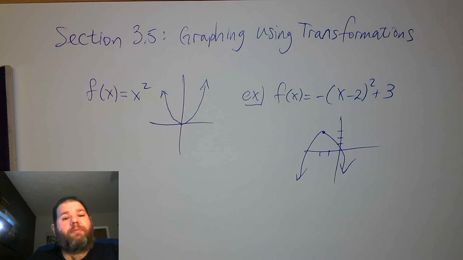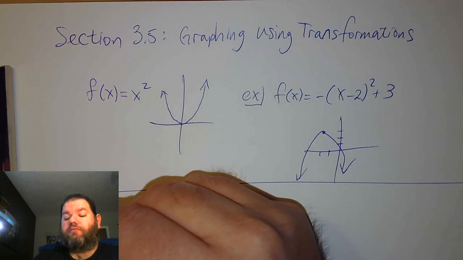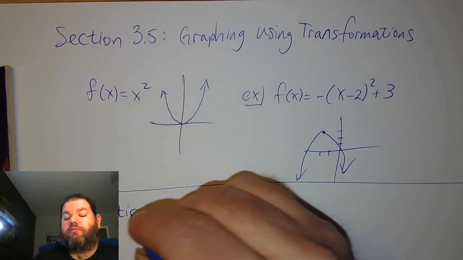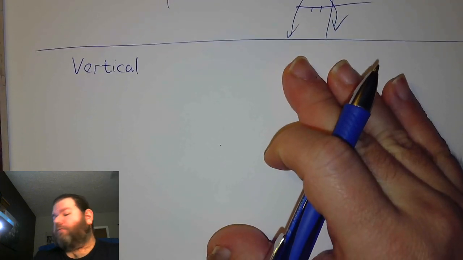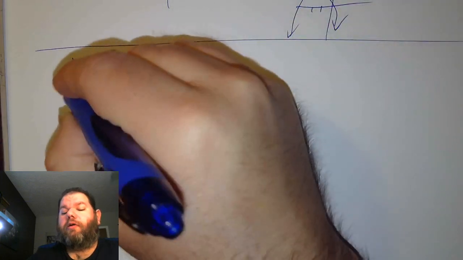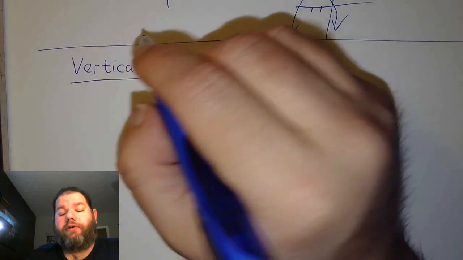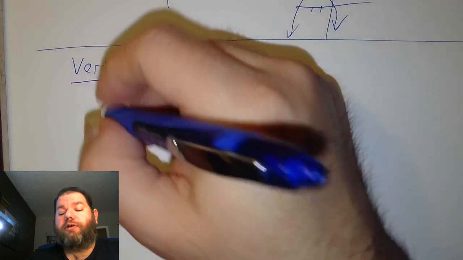Now, there's multiple types of transformations that we'll look at. So let's begin with the vertical shift, which is probably the easiest of the bunch. And the vertical shift occurs when we add or subtract a number at the end of a function.